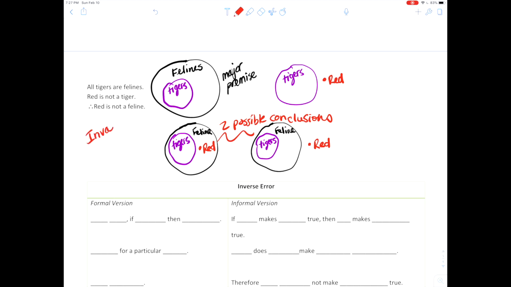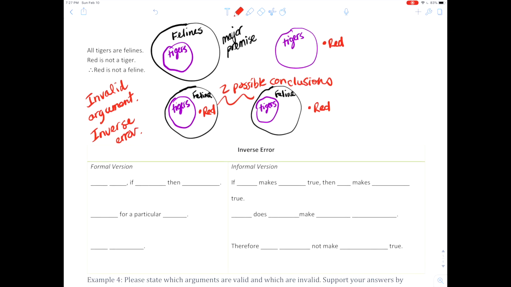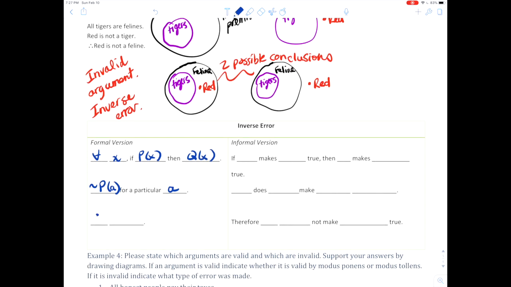And this error is the inverse error. Okay, so formally, the inverse error says: for any x, if p of x then q of x, this starts out the same, then not p of a for a particular a, therefore not q of a.